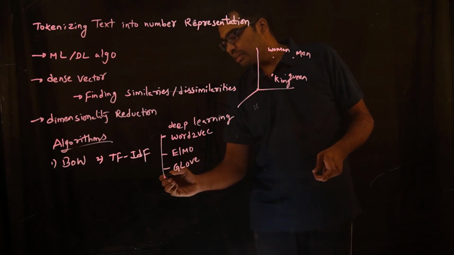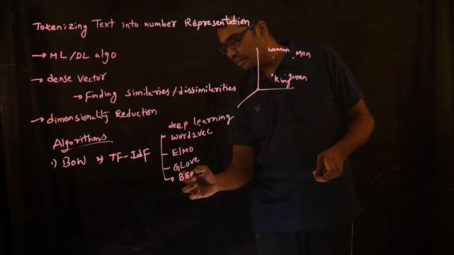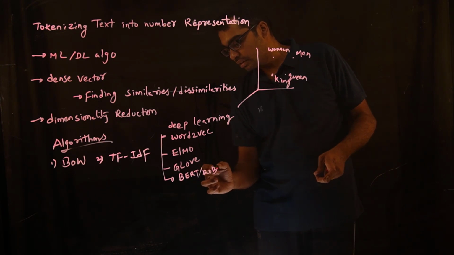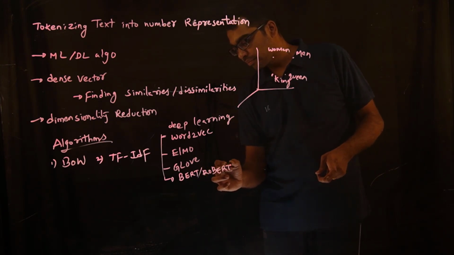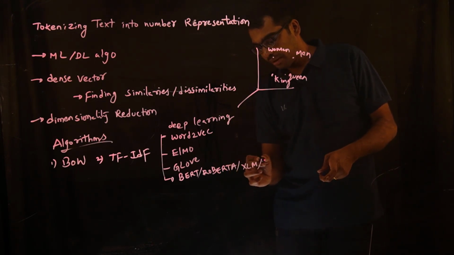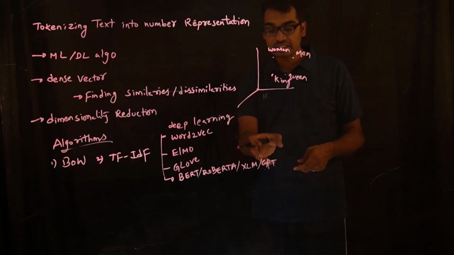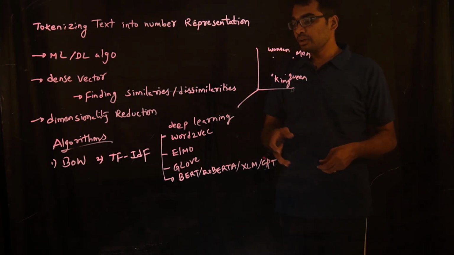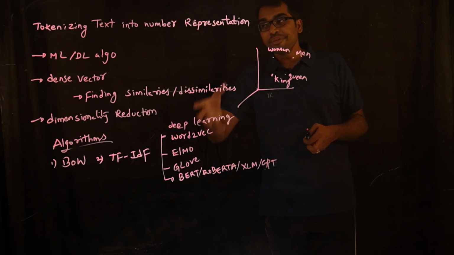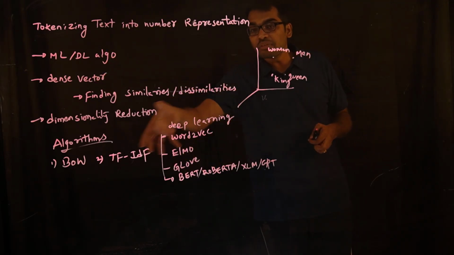And we have transformer-based architectures also, like BERT, or maybe RoBERTa, or XLM, or GPT models, ChatGPT kind of, that you must have heard of. So the base version is the GPT models. Now you can represent every token as a number representation by using any of these approaches.